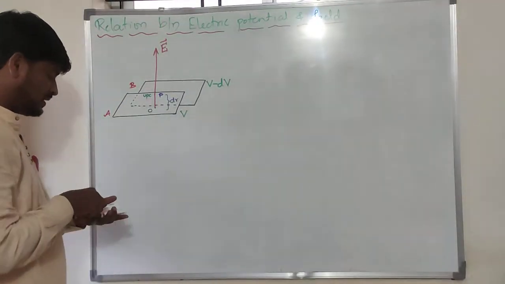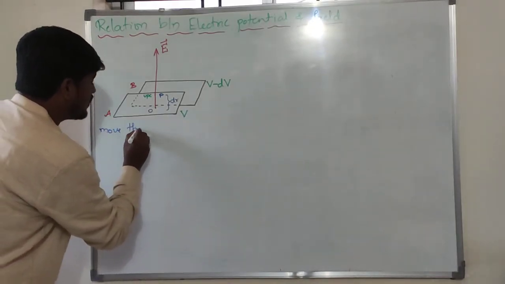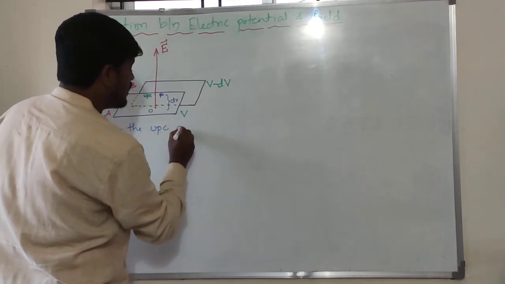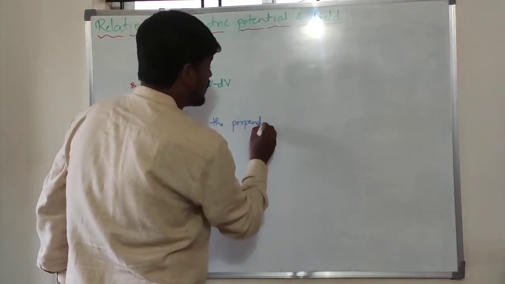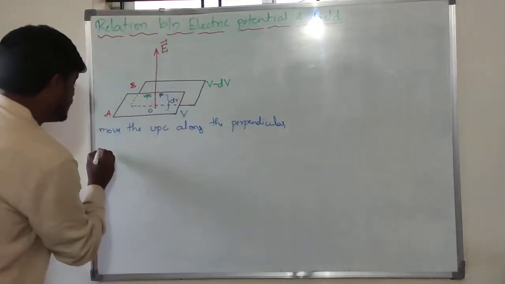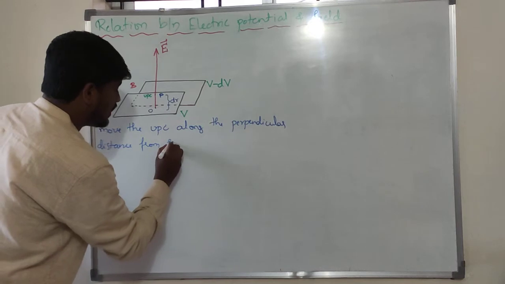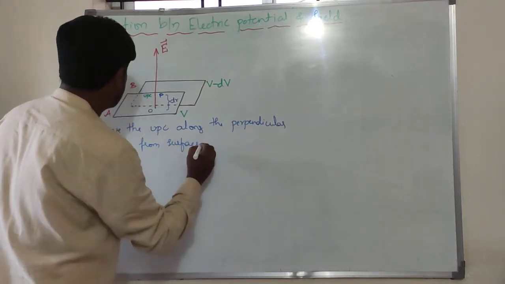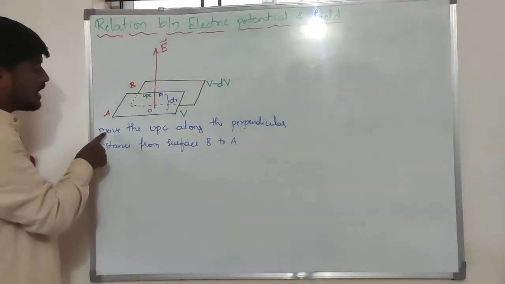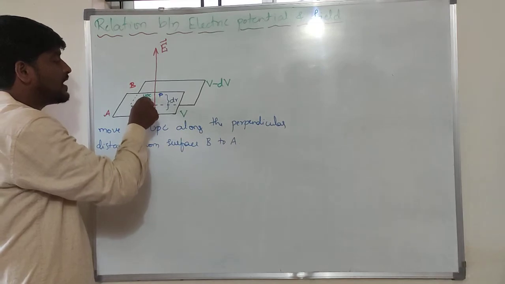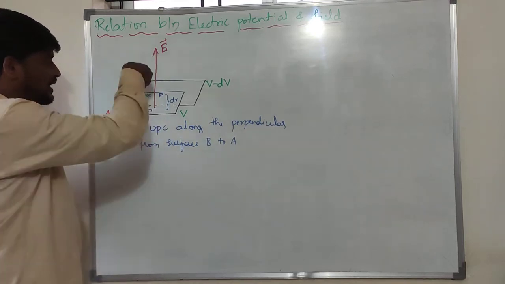Now what I have to do is move the UPC along the perpendicular distance from surface B to A. Look at this. What I did here is move the UPC from surface B to surface A along the perpendicular distance dr.